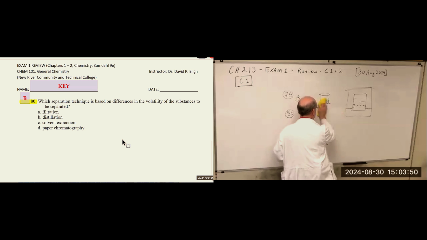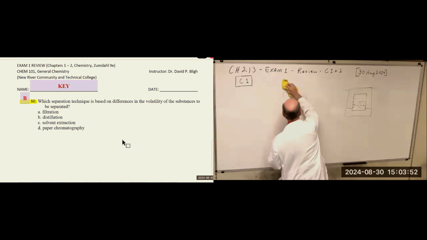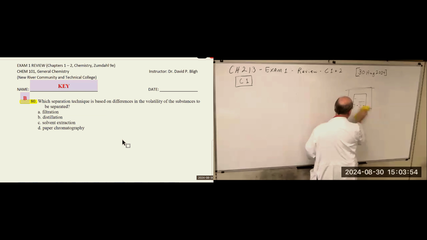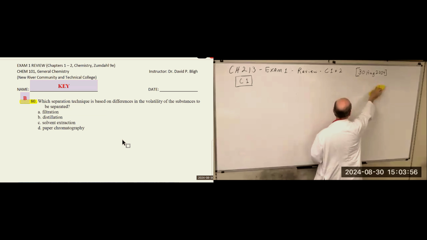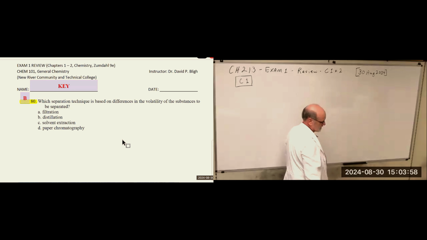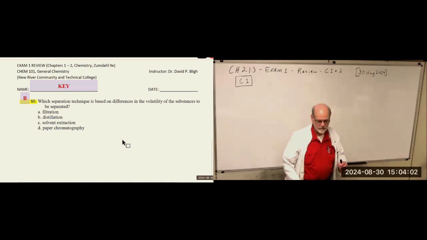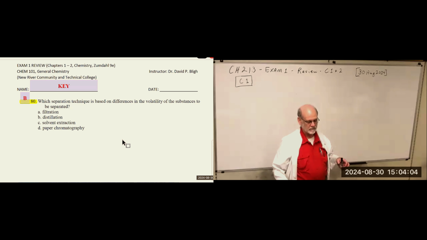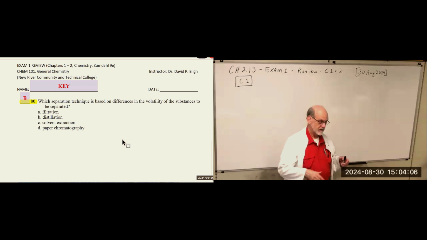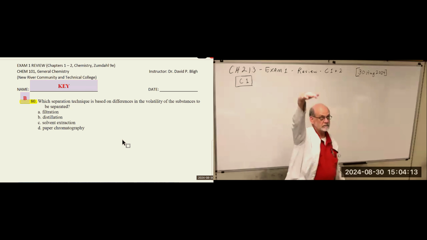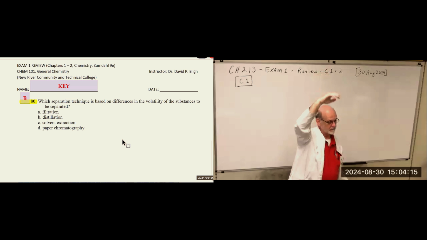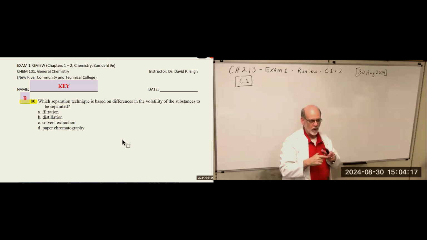This was paper chromatography, the first use of chromatography. And since then, we've got things like column chromatography. I remember when I was taking organic chemistry, we were sharing a lab with graduate students, and they were doing their research project, and they had glass columns that were 10 feet long and filled with a white substance called silica gel.